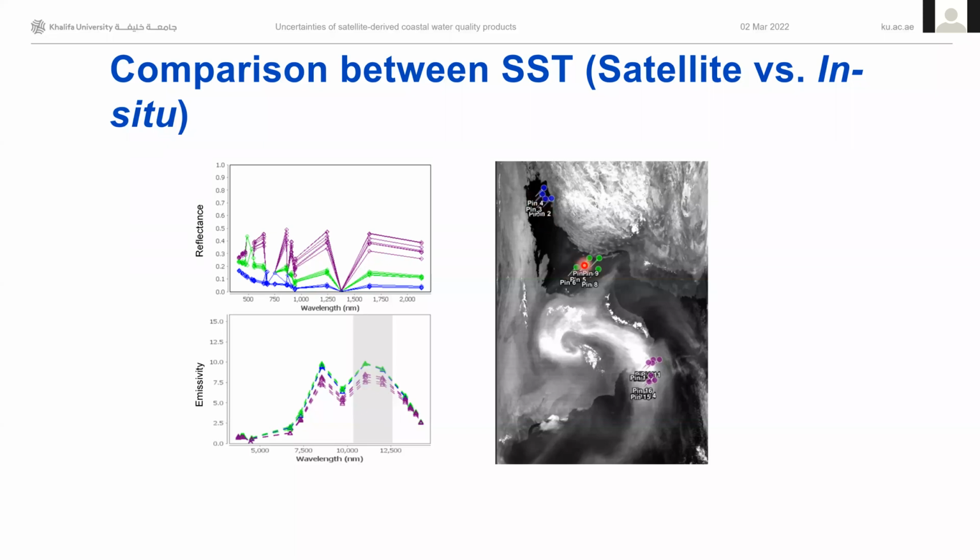Comparing the three different locations, we can see here the dust has increased the reflectance between 500 and 2000 nanometers. However, in the emissivity, which is the thermal part used for the SST estimation, we can see that the purple spectrum is lower than the blue and the green, which can cause a bias in the SST estimation by lowering the emissivity.